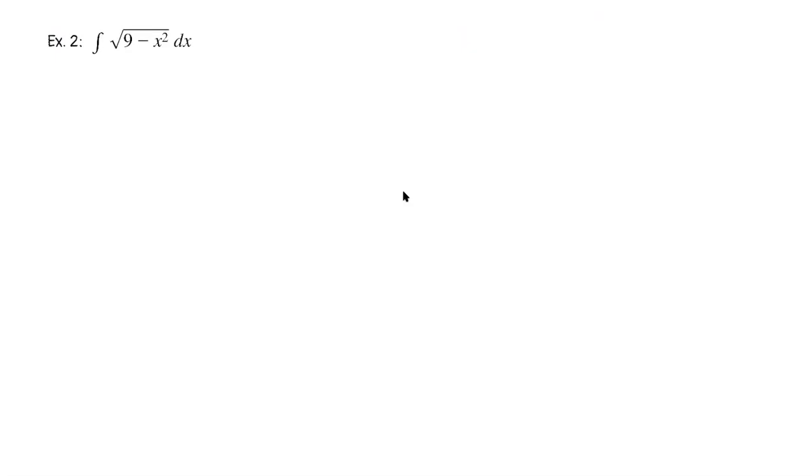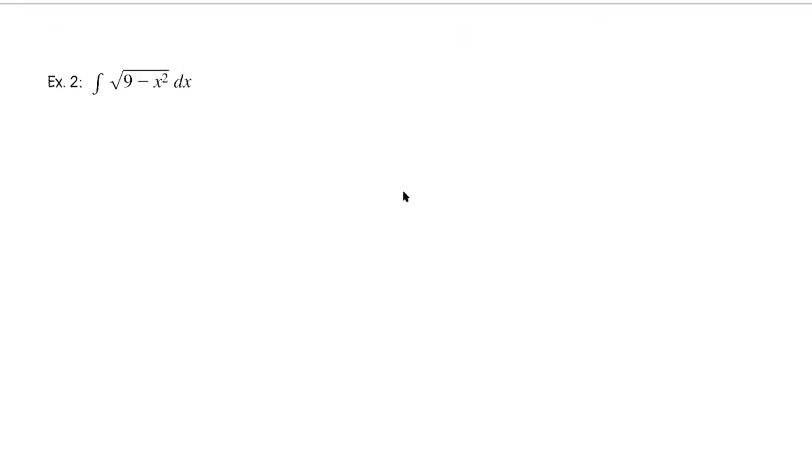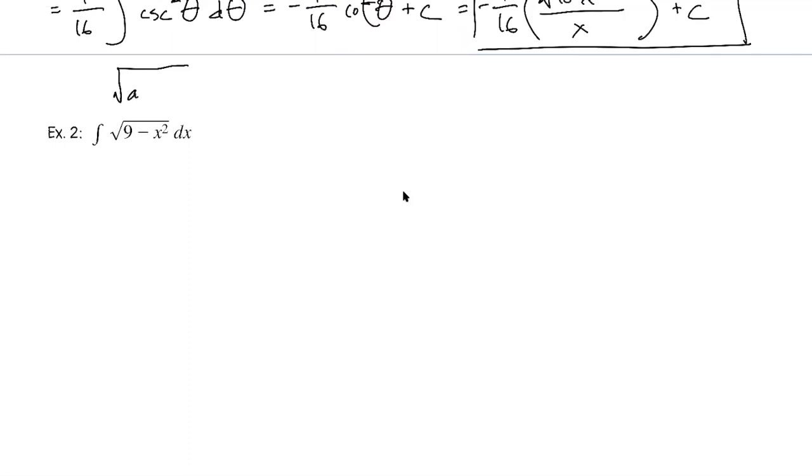So here we go. I look at this and I see that I have something like a square root of a squared minus b squared x squared. And I know that when this happens, the substitution I want to make is a over b sine theta.